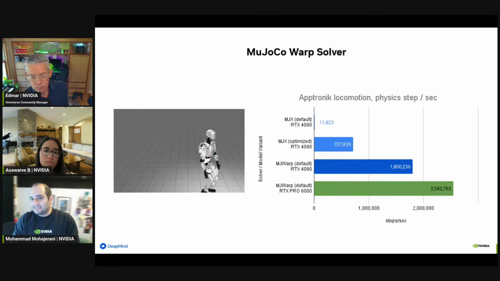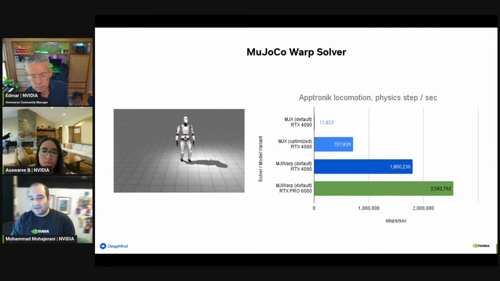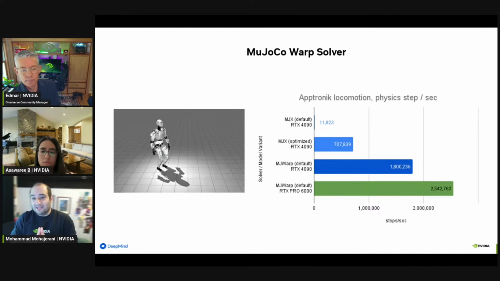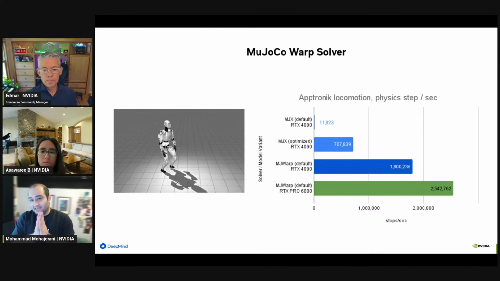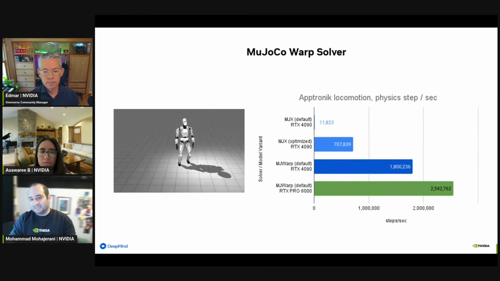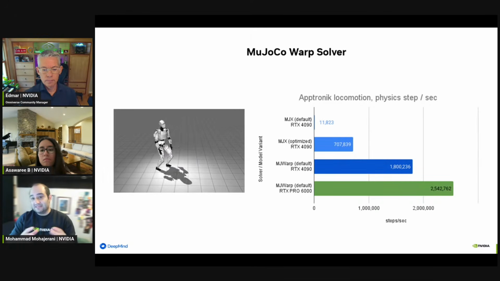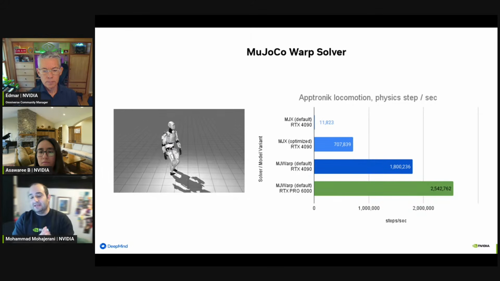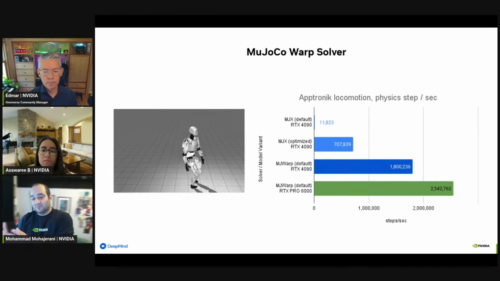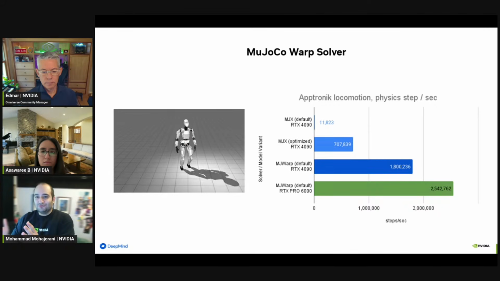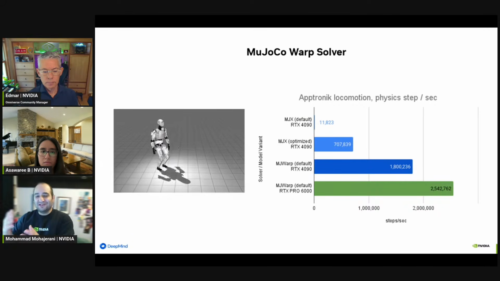MJX is based on JAX. JAX is a tensor programming style where you do not necessarily define kernels. You don't have fine-grained control, and the compiler decides, builds the kernels and compiles them from the high-level syntax that you provide. On the other side, Warp is kernel programming and is much more suited for finer control, for conditionals, for loops, for if statements.